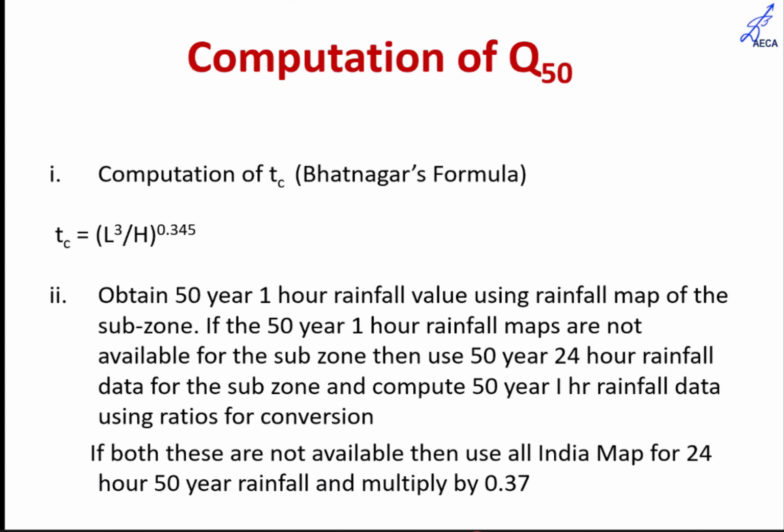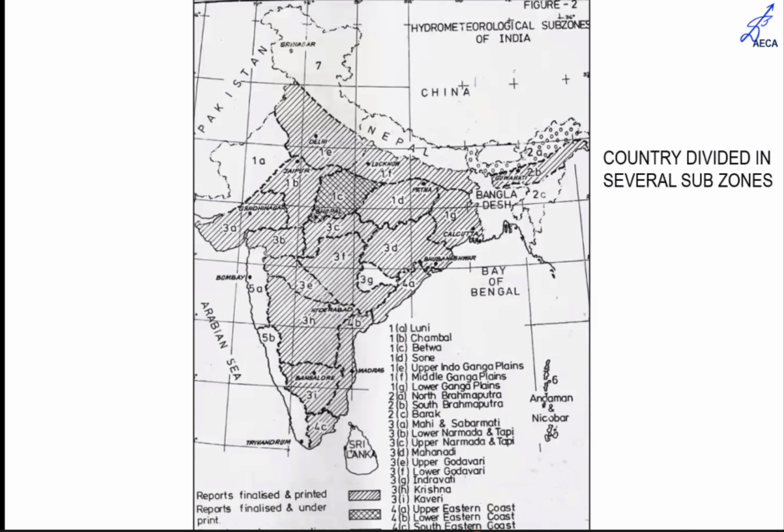He was one of the Indian scientists who worked on this originally, and RBF 16 has adopted it, finding it to be most effective. The TC is (L squared by H) raised to 0.345. L is the length, the distance from the highest point to the lowest point, and H is the height difference between the highest point and the lowest point.